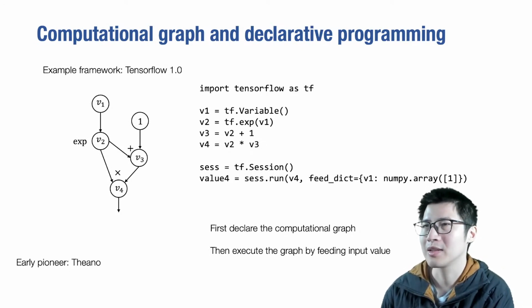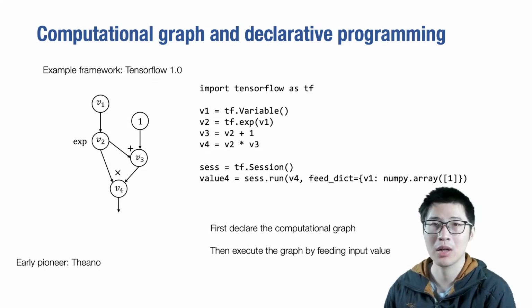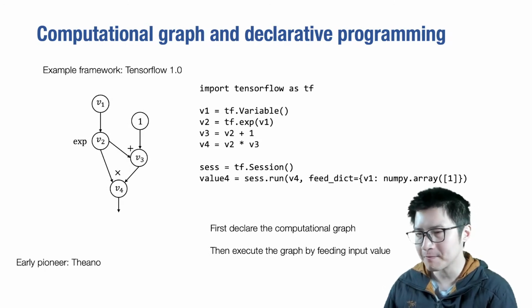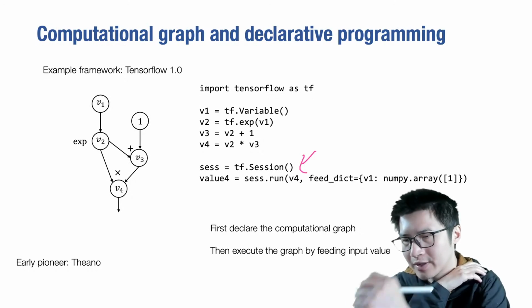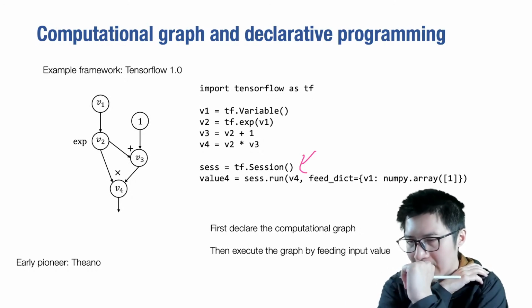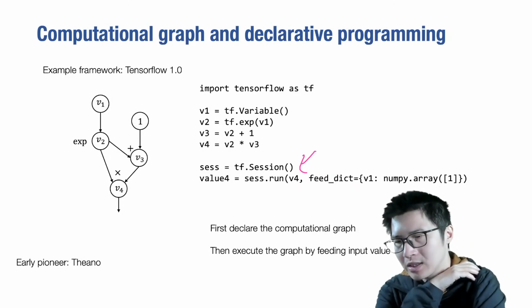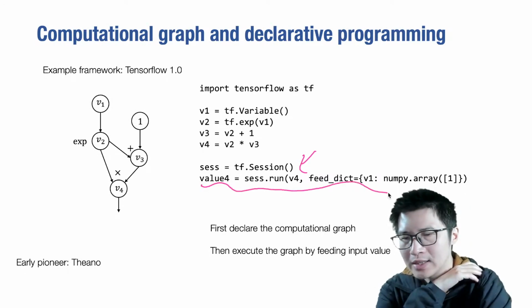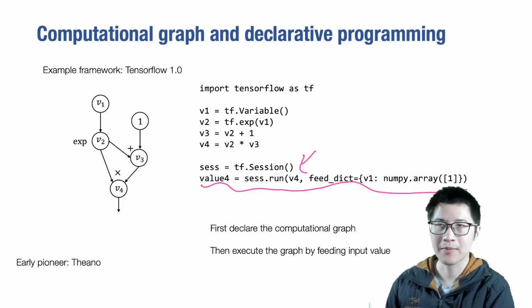Another advantage is that having a complete computational graph gives you a lot of opportunities for optimization. Another thing that you might notice is the creation of tf.Session here. That programming model effectively means that the place where you run this computational graph does not have to be on the same local machine that runs this Python code.